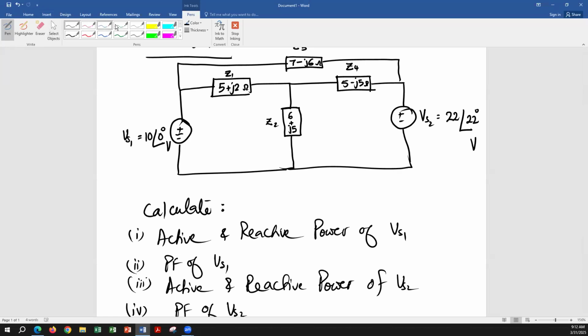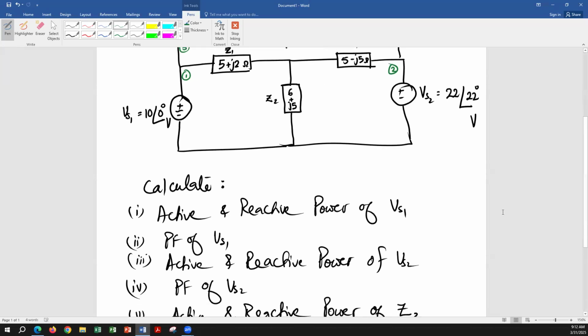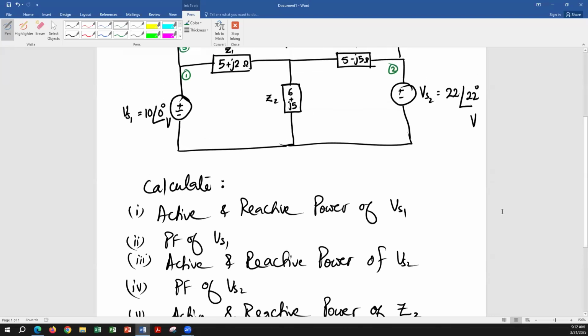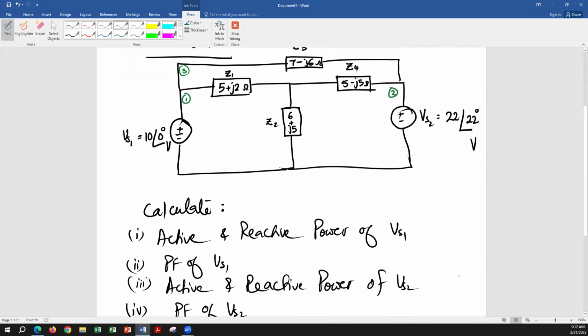If we call this loop 1, call this loop 2, and call this loop 3, then we have to find how much power is consumed in that Z2, active and reactive. While you're writing it, I'm going to prepare my Octave.